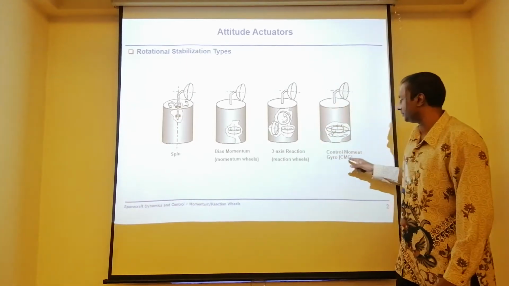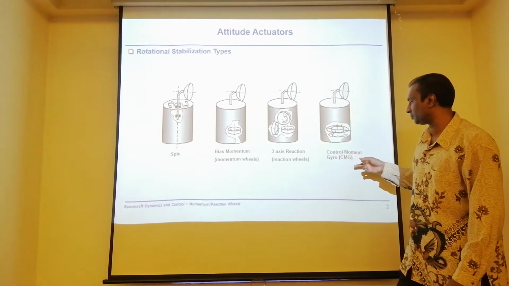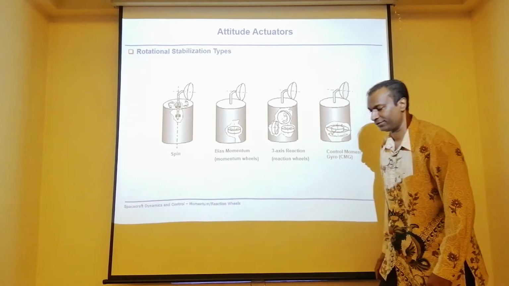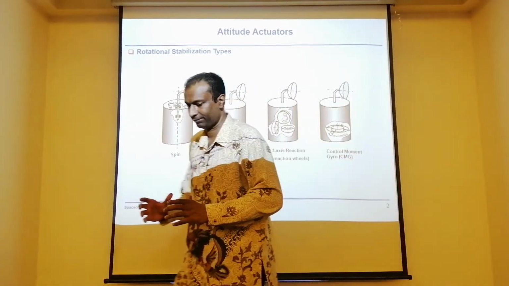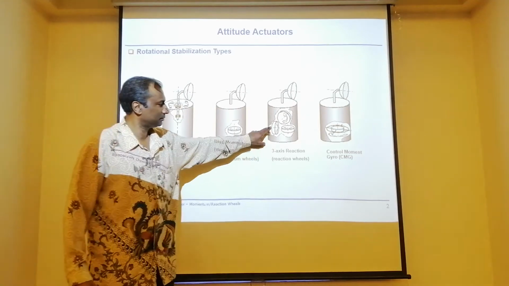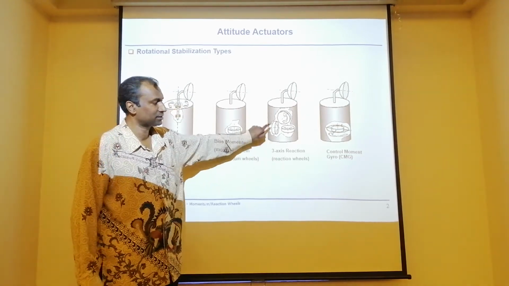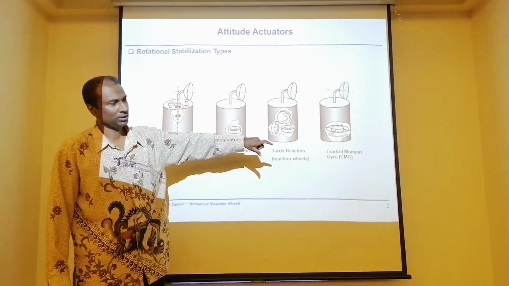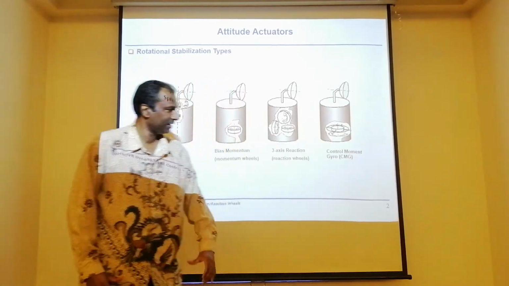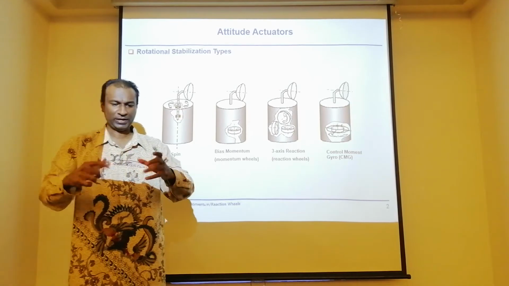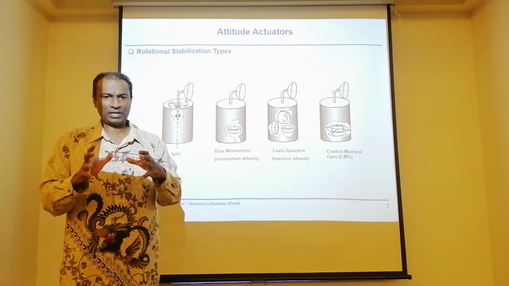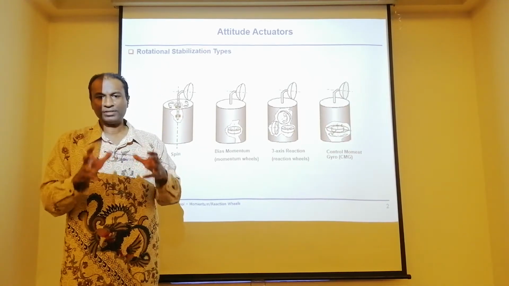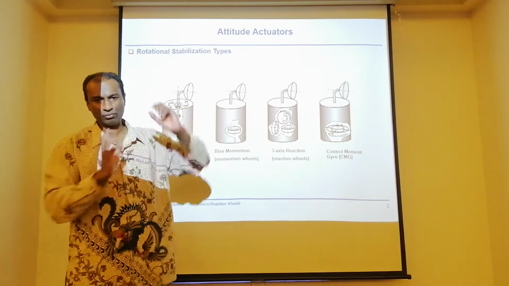Okay? Another wheel type is control moment gyro. Now, if you assume that this is fixed, reaction wheel is fixed. That means fixed at roll, yaw, and pitch. Control moment gyro. Let's say I have a wheel spinning, but I don't install this wheel in roll.